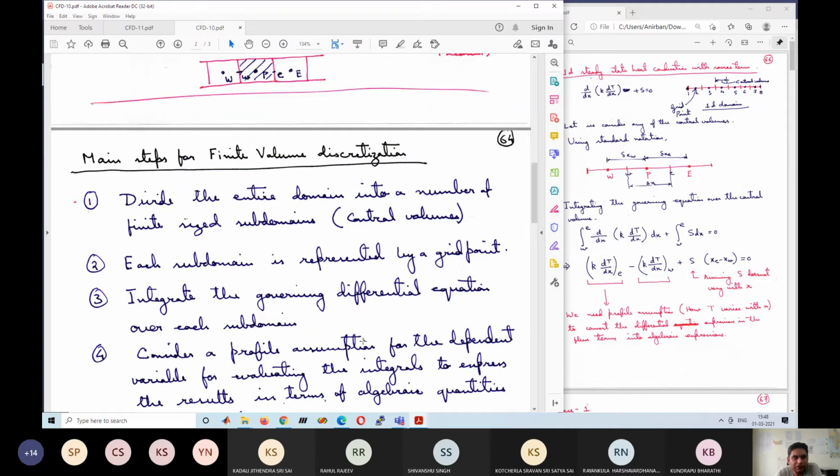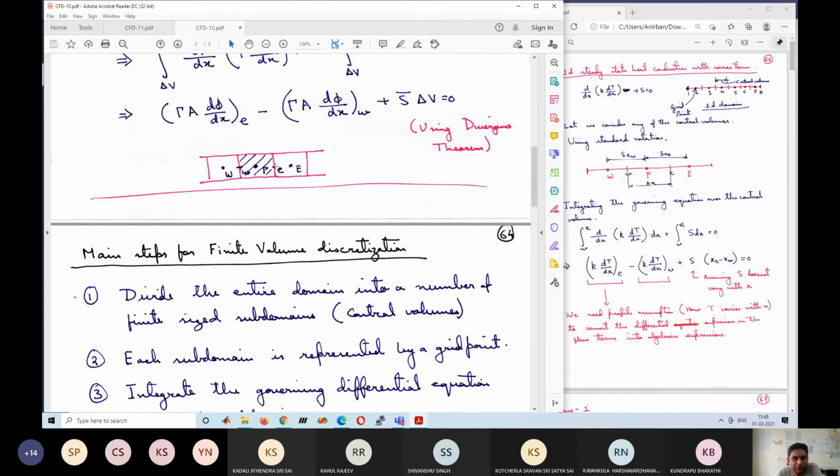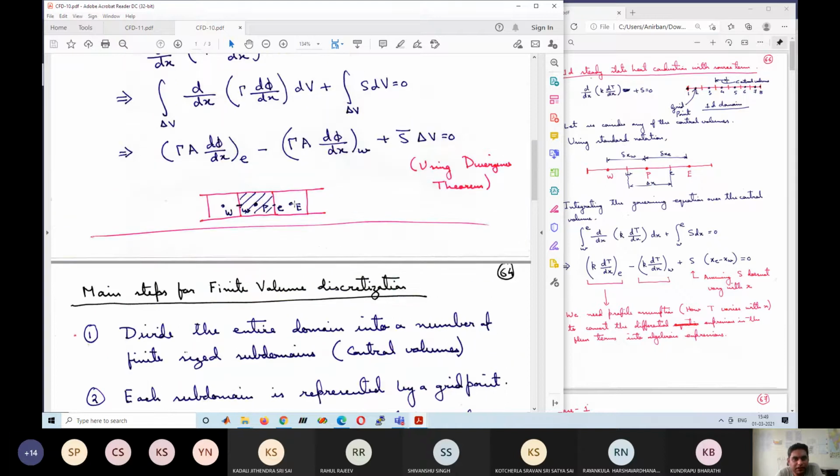Once we assume how the variable varies at the E and W interfaces, we can replace this d phi dx in terms of grid point values. For example, I can replace d phi dx at E as Te minus Tp divided by the distance between E and P, if I assume that the temperature varies linearly.